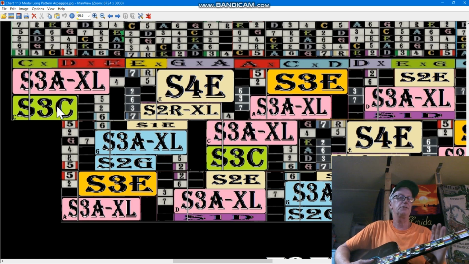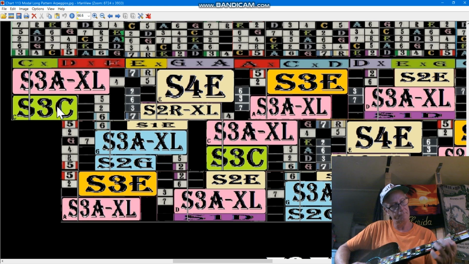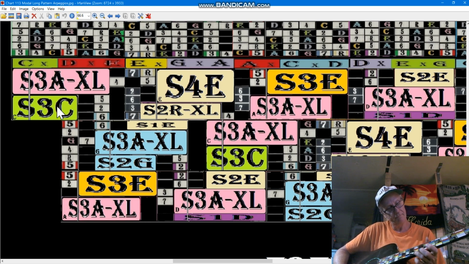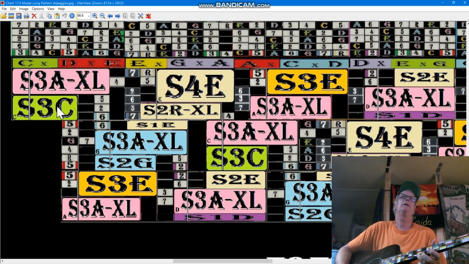Okay, now let's just play the pentatonic for C and A. Now look at that long pattern again. Now one thing that might be a little harder would be to play the pentatonic like this.